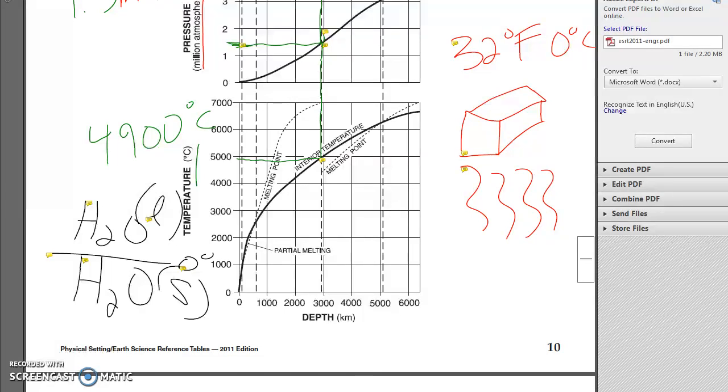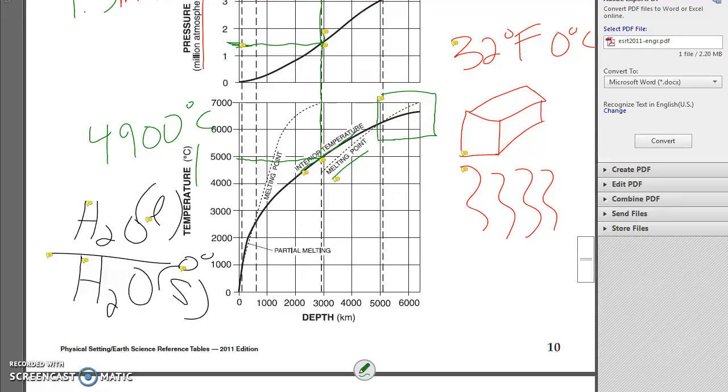Let's take a look, for example, at the inner core. We're going to pay very careful attention to this. The dotted line represents the melting point, the temperature at which the material within the Earth would melt. Interior temperature is the actual temperature of the material.